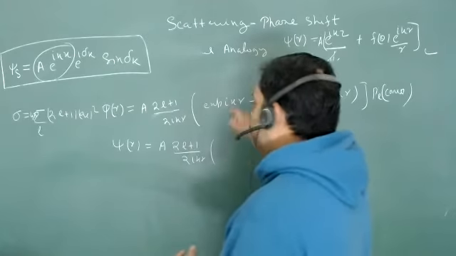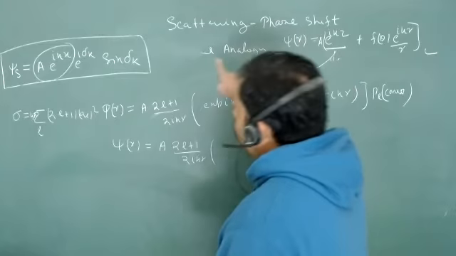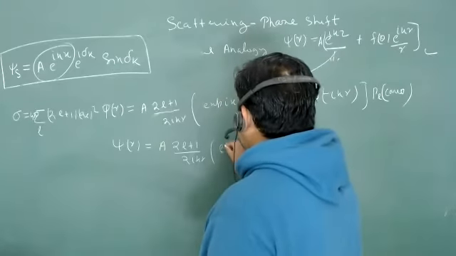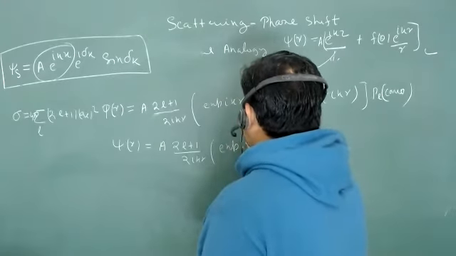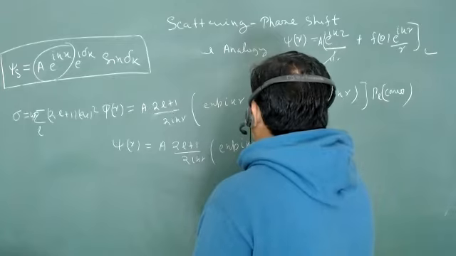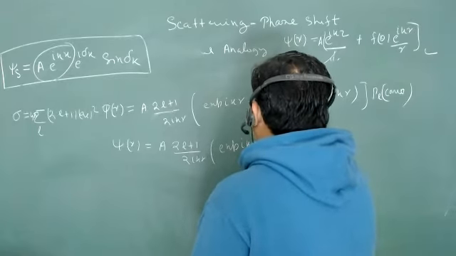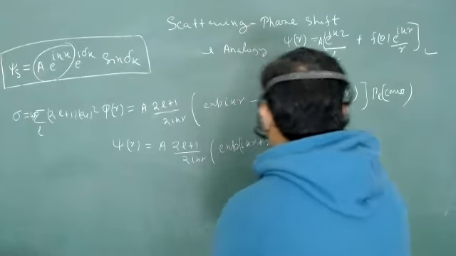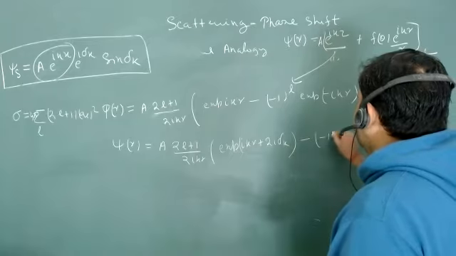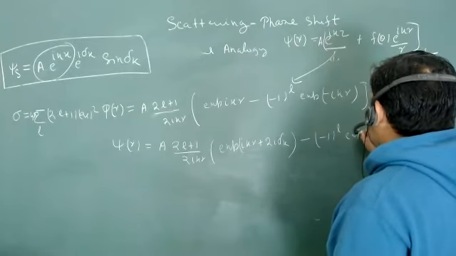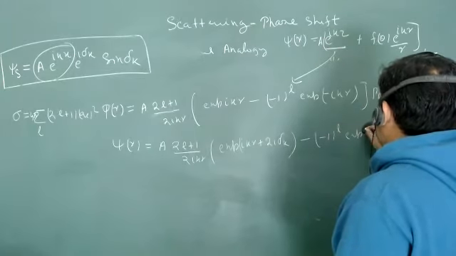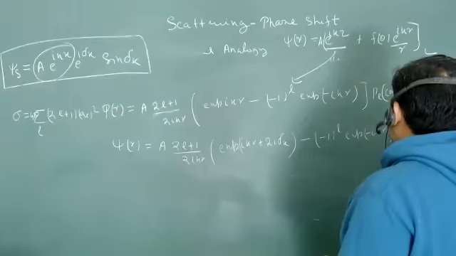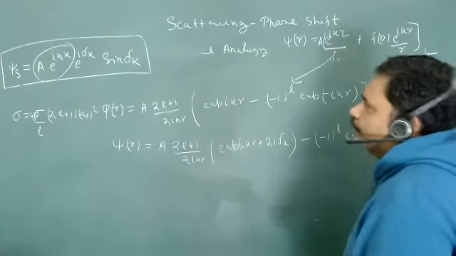But your k will remain the same, your amplitude will remain the same. What is going to change? The change is only in the phase part, that is 2i delta k minus (-1)^L exponential minus i kr, and this is PL cos theta.